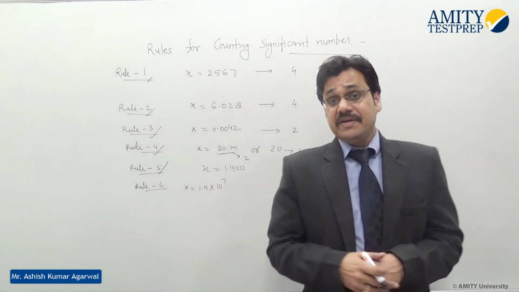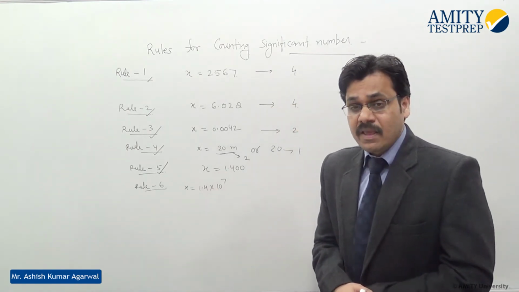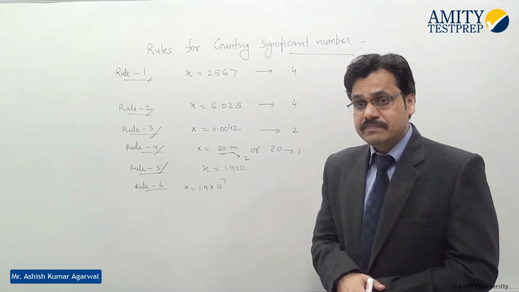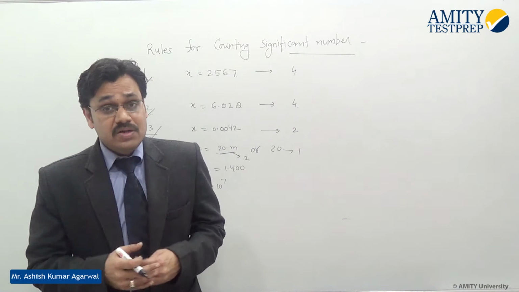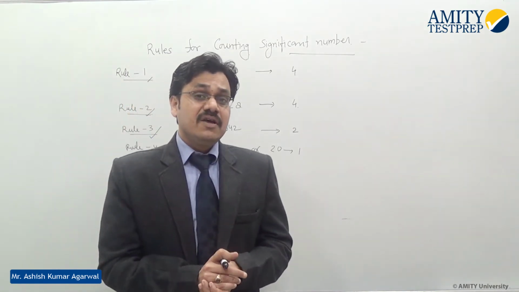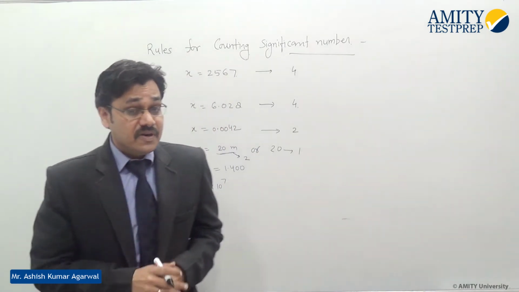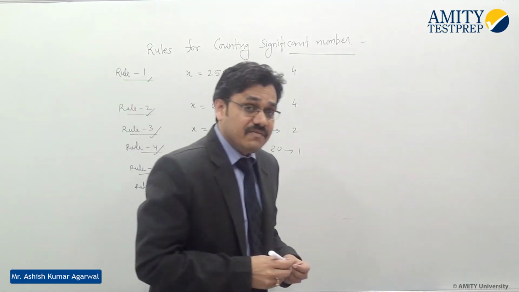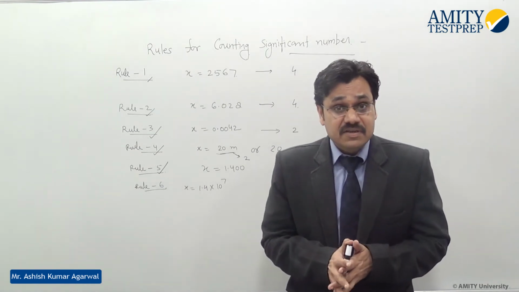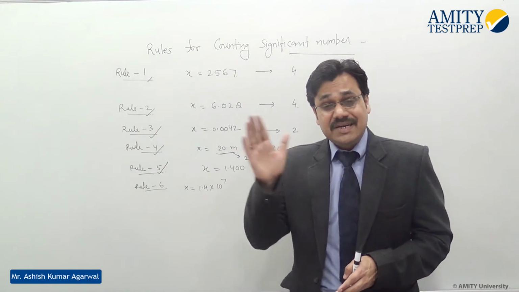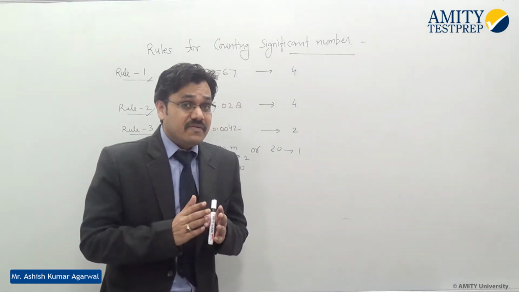If I write x equals 1.400, then in a decimal number, all zeros after the non-zero digits are counted as significant figures. It is worth noting that in the previous rule the zeros lying on the left side are insignificant, but here the zeros lying on the right side are considered significant.